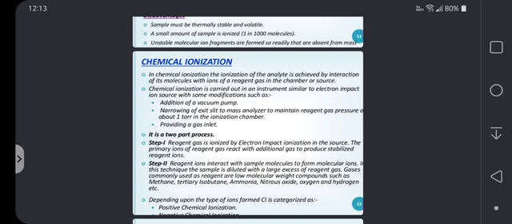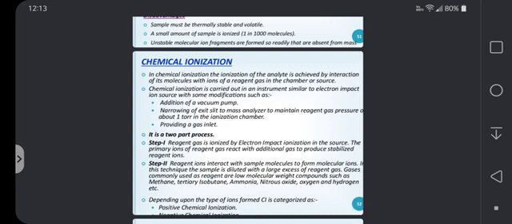process. First step: the reagent gas is ionized by electron impact ionization in the source. The primary ions of reagent gas react with the additional gas to produce stabilized reagent ions. Step 2: the reagent ions interact with the sample molecules to form molecular ions.